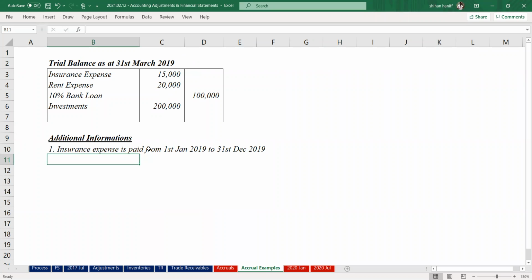Insurance expense is paid from 1st of January 2019 to 31st December 2019.